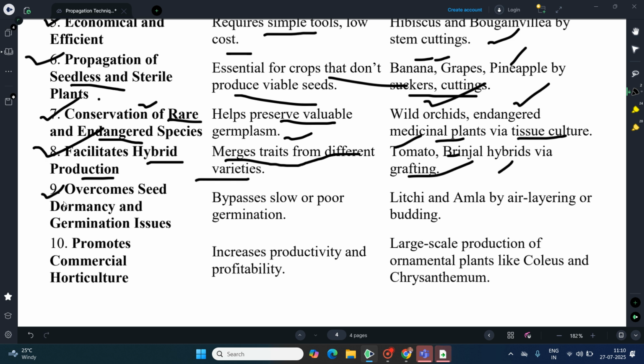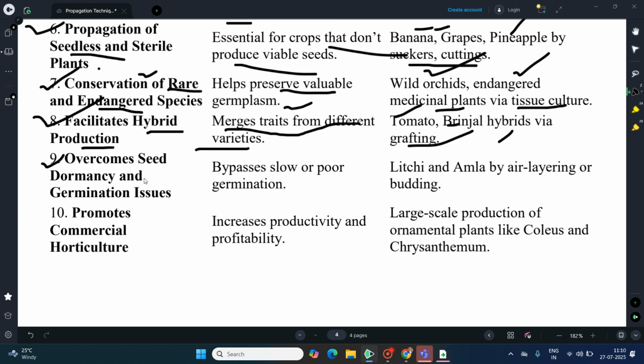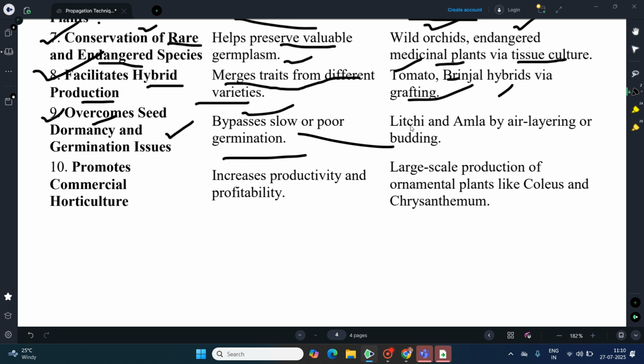The ninth significance is that it overcomes seed dormancy and germination issues. That means it bypasses the slow or poor germination that takes place with seeds. Examples: lychee and amla by air layering or budding. The tenth one, it promotes commercial horticulture.